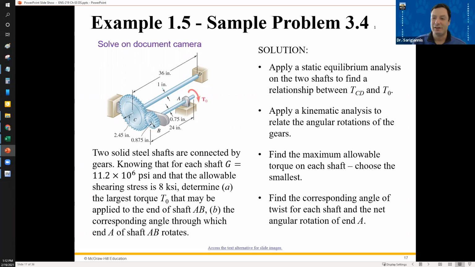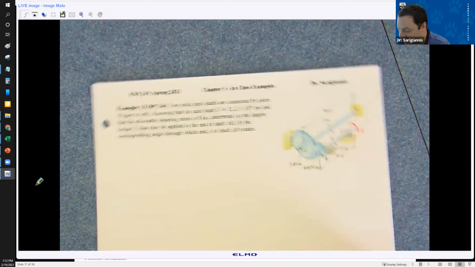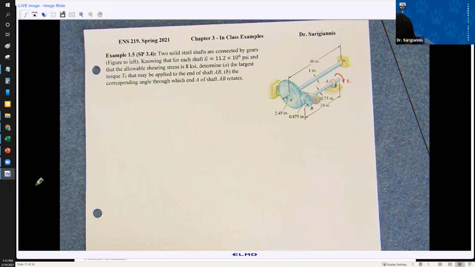Then the corresponding angle of twist for each shaft, and the net angular rotation of end A. So let's look at this on the page here. I'm sure it'll take up 2 sheets. Well, it did in my notes, so it's going to take up 2 sheets here.